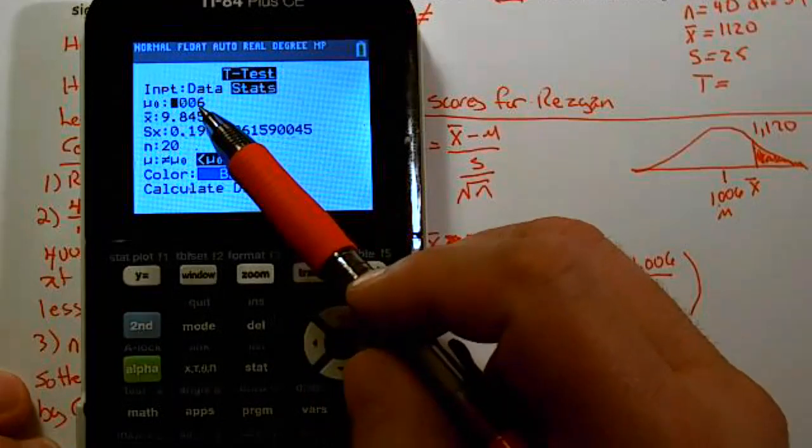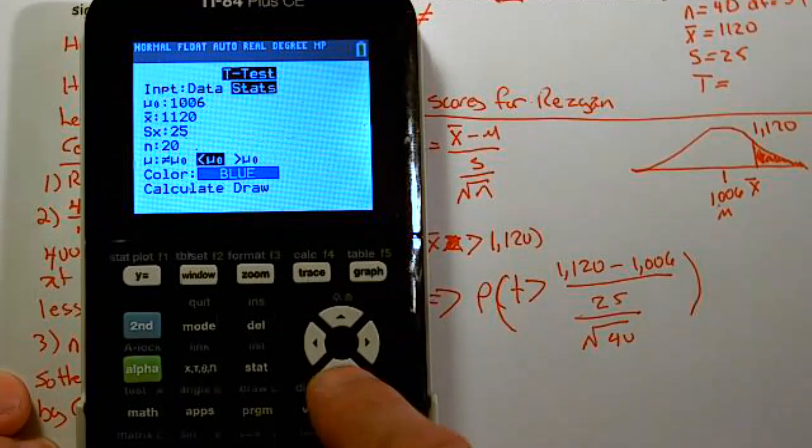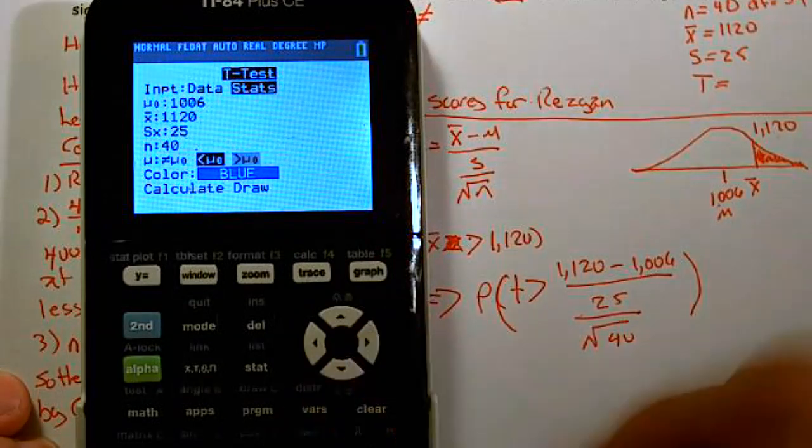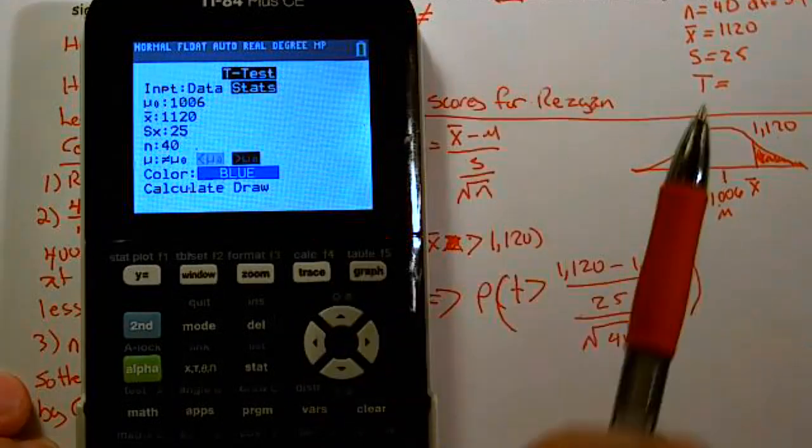So my mean is 1006. The mean of the sample is 1120, because that's what the Reagan students scored on average. Their standard deviation was 25. My sample was size 40.